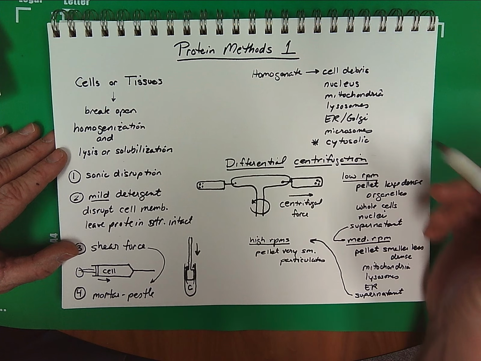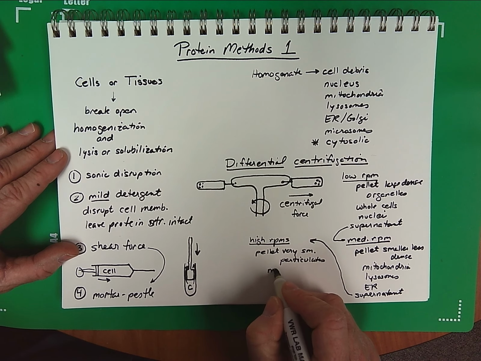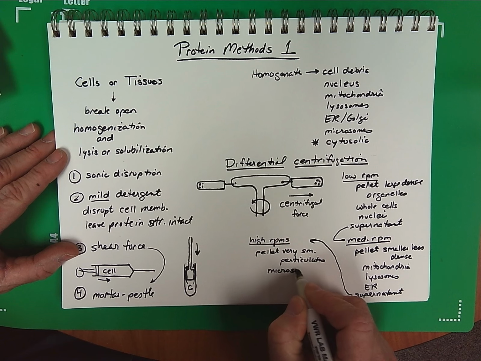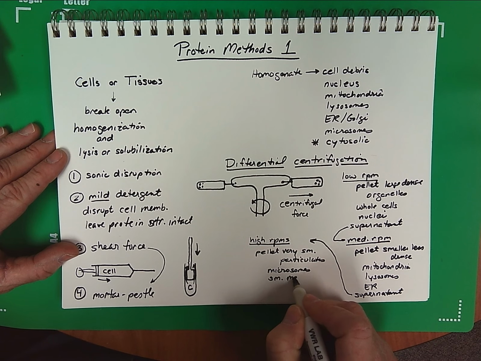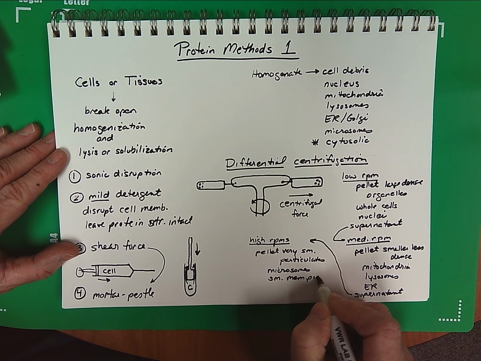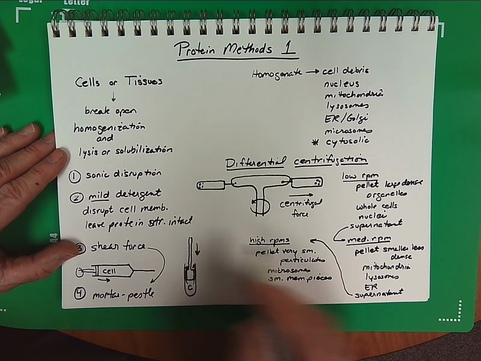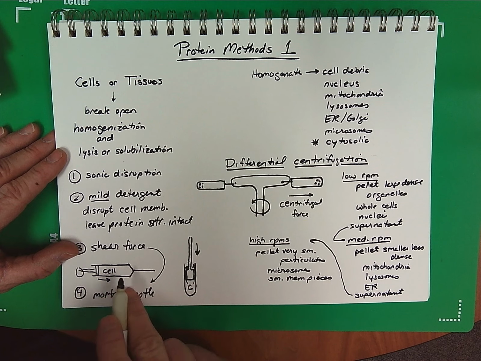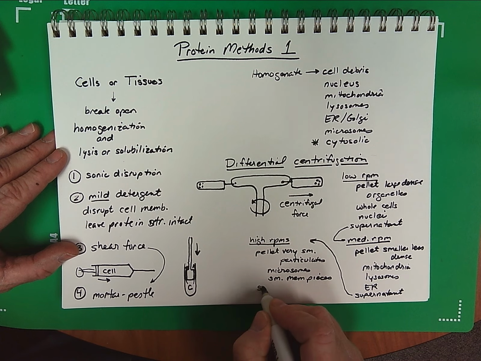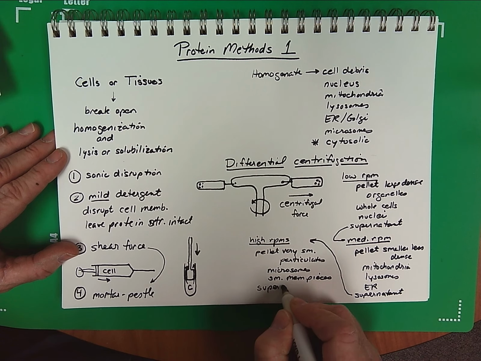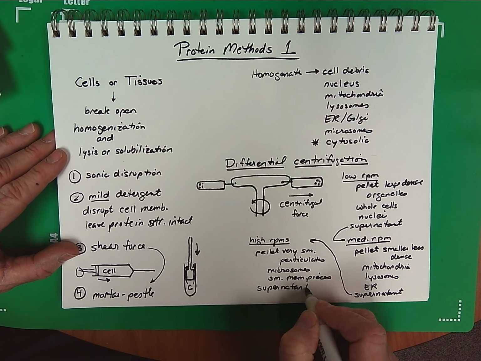These are microsomes, and small membrane pieces that resulted from extensive shear force activity or sonic disruption. And of course, above the pellet, we have supernatant.